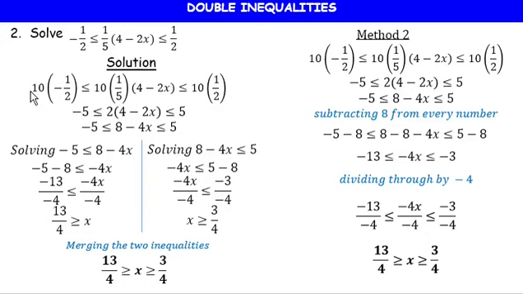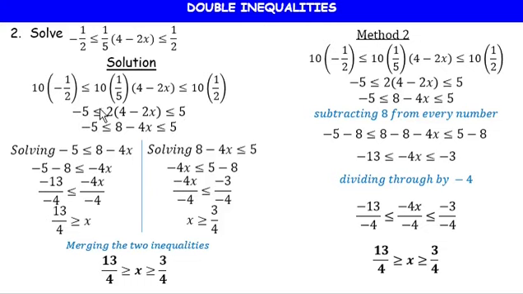Right, so 2 divides 10 5 times. So we are going to end up with -5. 5 divides 10 2 times. So we're going to end up with 2 multiplying the expression 4 minus 2x less than or equal to, so 2 divides 10 5 times, and 5 times 1 is 5.